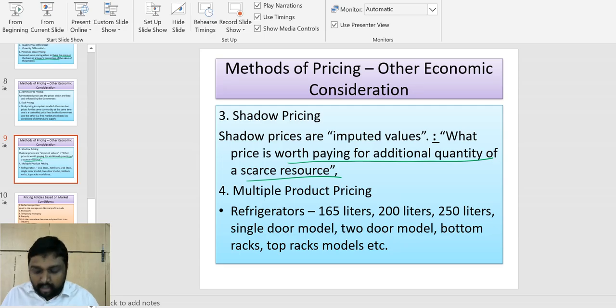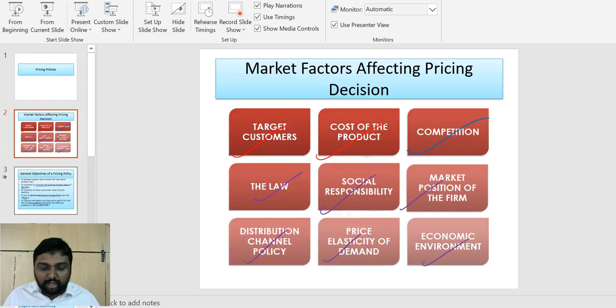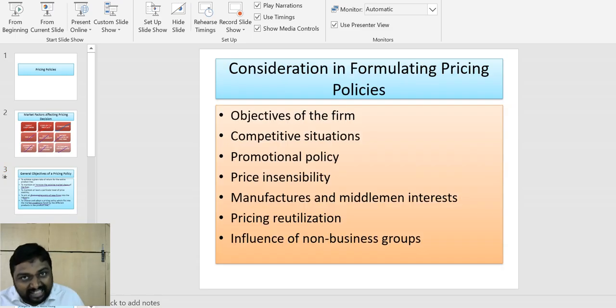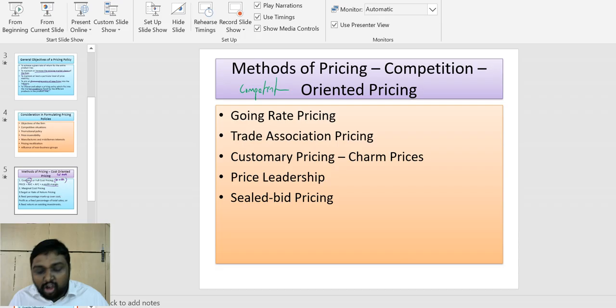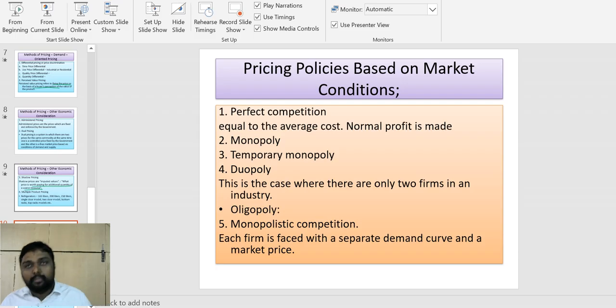So these are all the different areas we have covered so far. We have discussed what is pricing policy, market factors affecting the pricing decision, the general objective of a pricing decision, considerations in formulating a pricing policy, methods of pricing: cost oriented pricing, competition oriented pricing, demand oriented pricing, other economic considerations, and market condition.